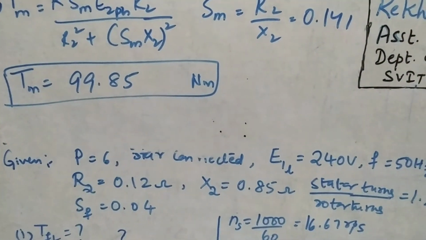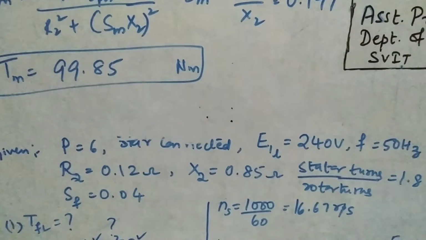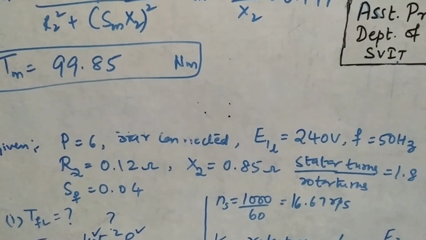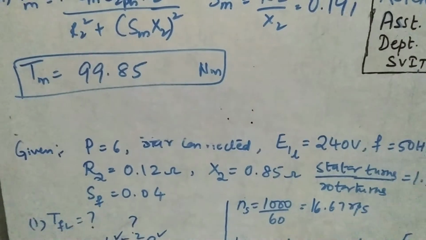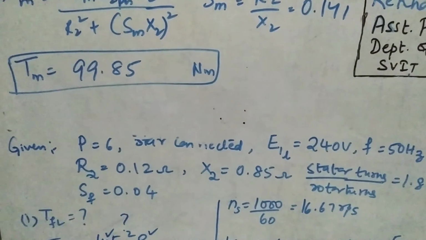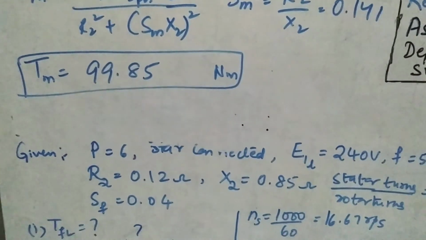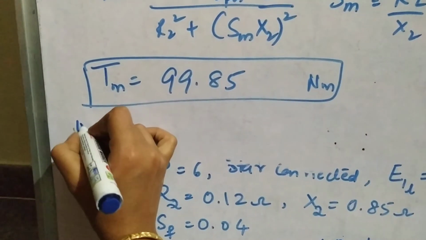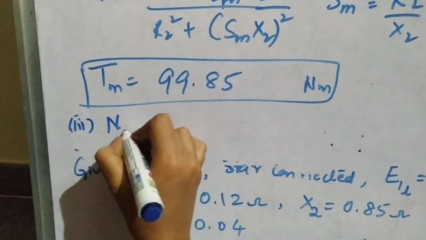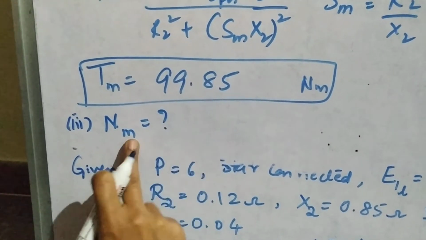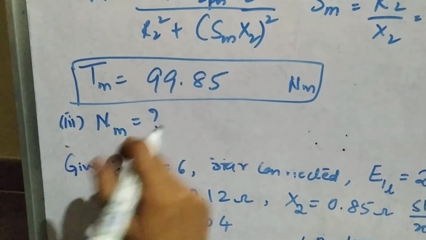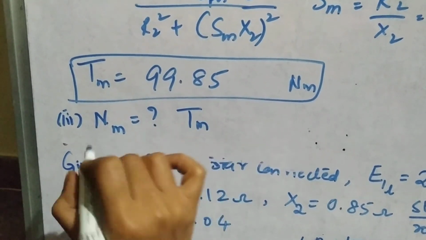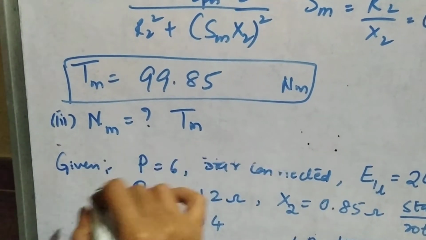The next one, the third sub question, is the speed at the maximum torque. What will be the speed at maximum torque? The corresponding speed I will denote as Nm.